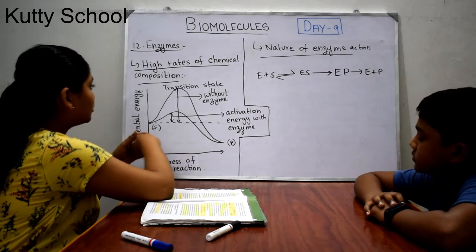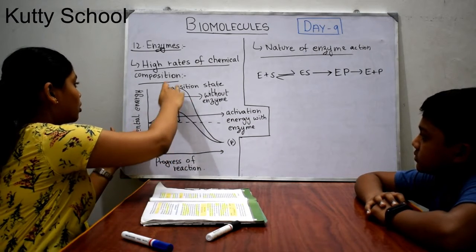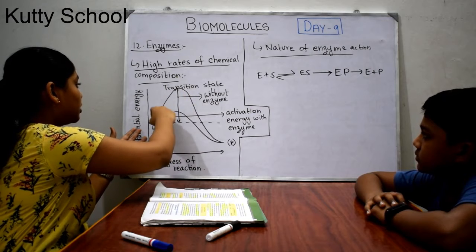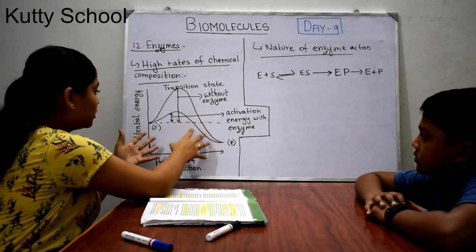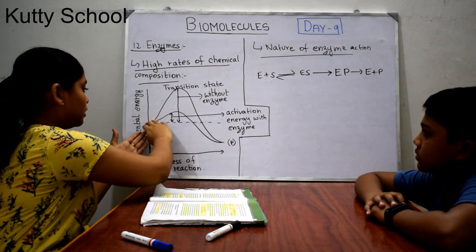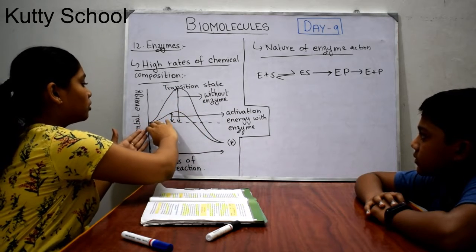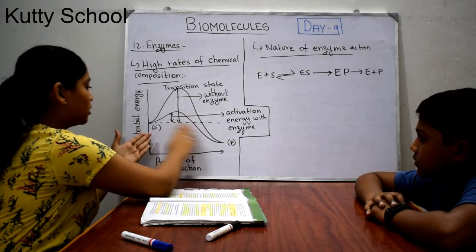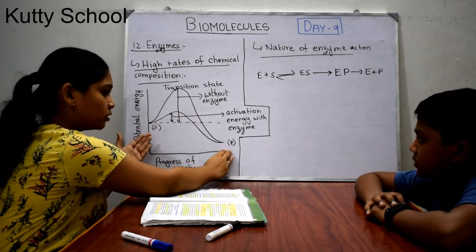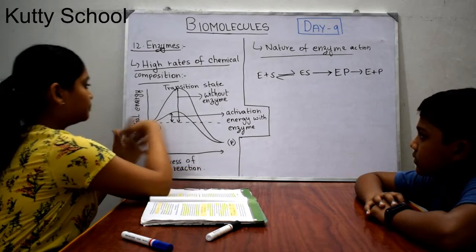Without enzyme, more energy and more potential energy are needed. With enzyme, less energy is needed, so they form products easily. This is the substrate and this is the products.